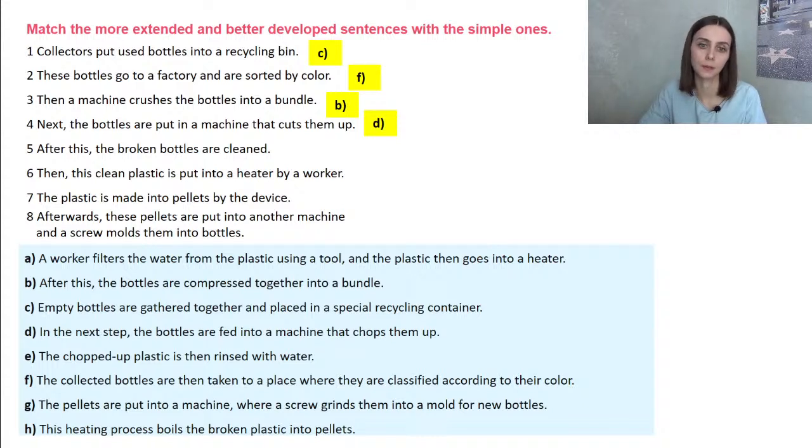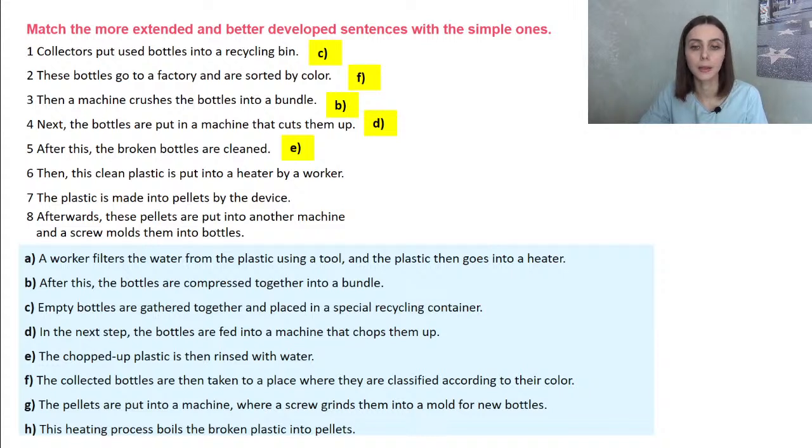Let's go to number 5. After this, the broken bottles are cleaned. And the answer is E. The chopped up plastic is then rinsed with water. Number 6.